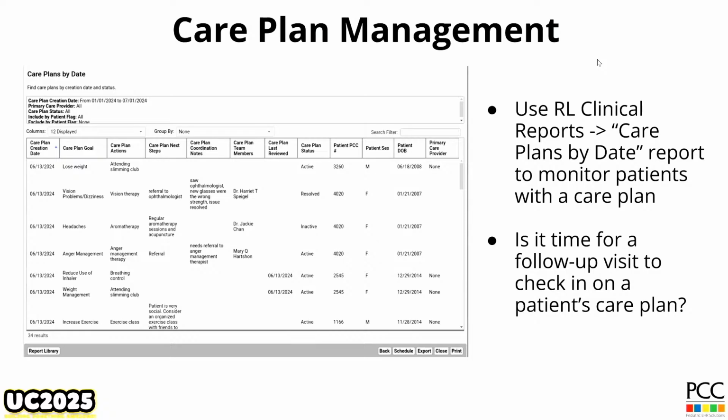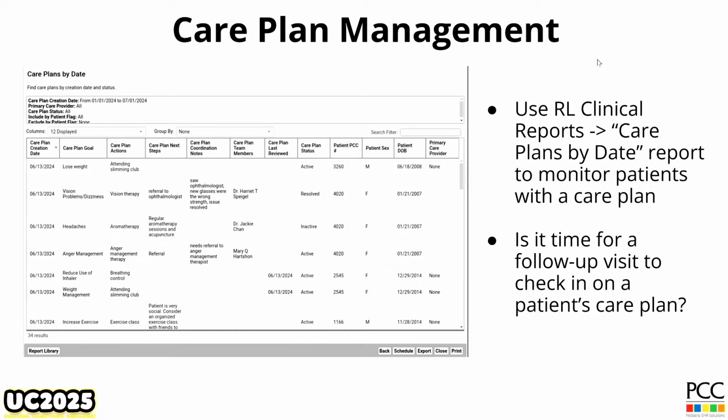And how many folks, just show of hands, use care plans at your office in the EHR? Okay. There is a specific component, and the EHR care plan component has specific documentation that you have, goals and next steps. You can see some of them here. It's good to use because it's tracked chart wide.